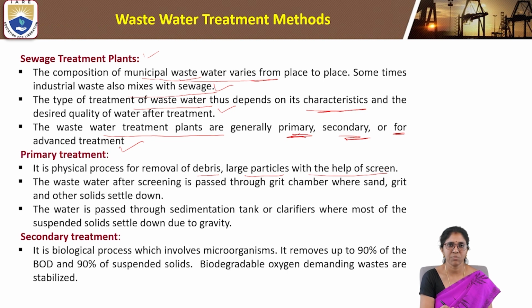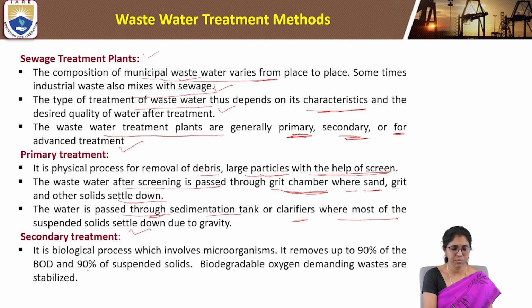After screening, the wastewater is passed through the grit chamber, where sand, grit and other solids settle down. Then the water is passed through the sedimentation tank or clarifiers, where most of the suspended solids settle down due to gravity.